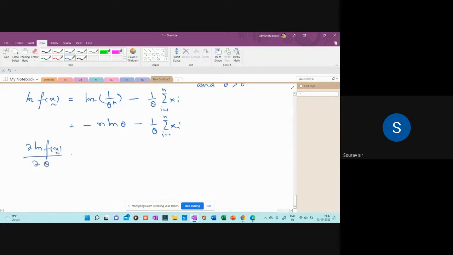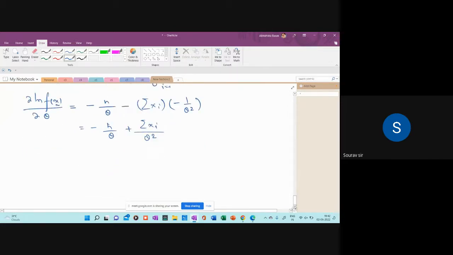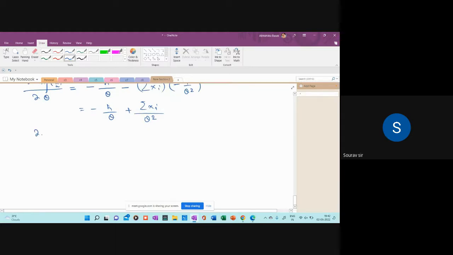Then we need to do the derivative of this with respect to theta. It is going to give me this thing. Here we already need the second derivative before proceeding with the expectation.